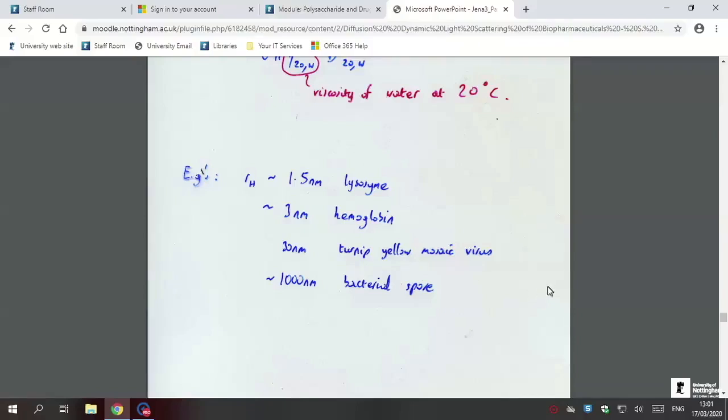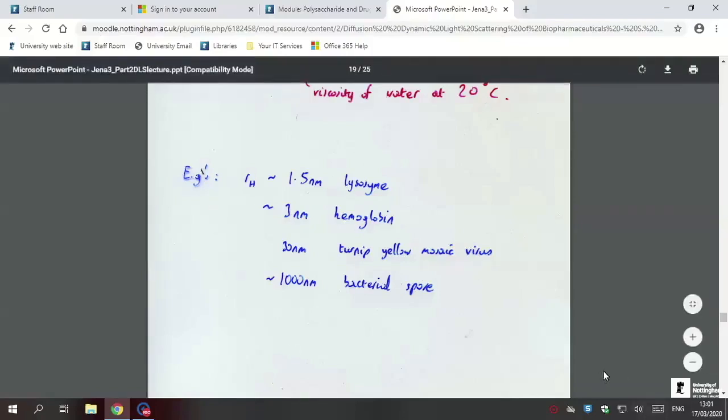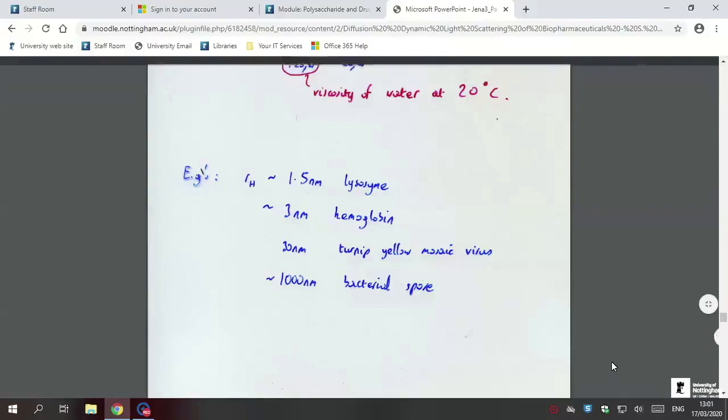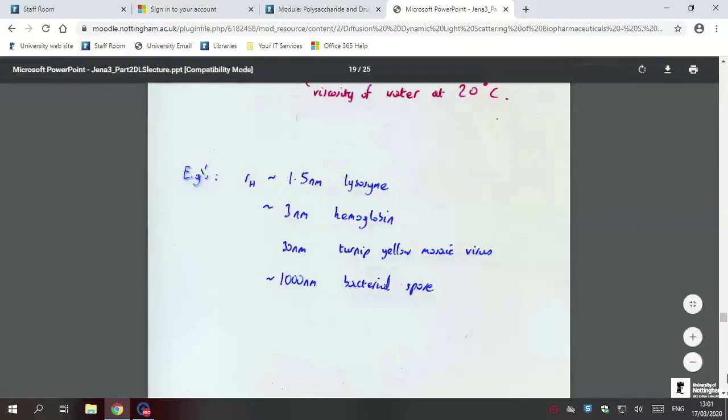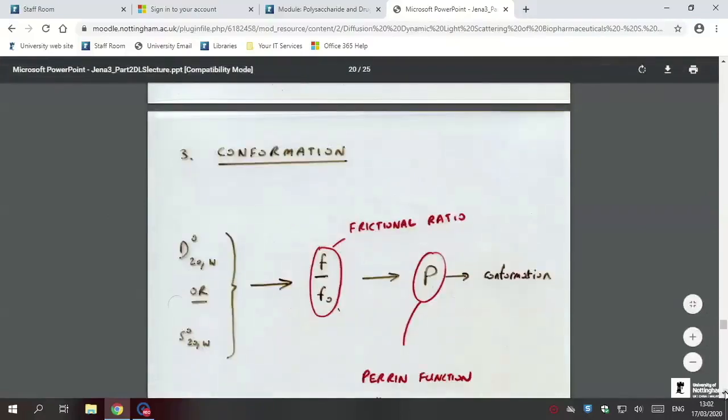And we ourselves at the NCMH have done several research projects involving plant viruses and bacterial spores, indeed bacteriophages as well. Right, the third application is in terms of conformation.